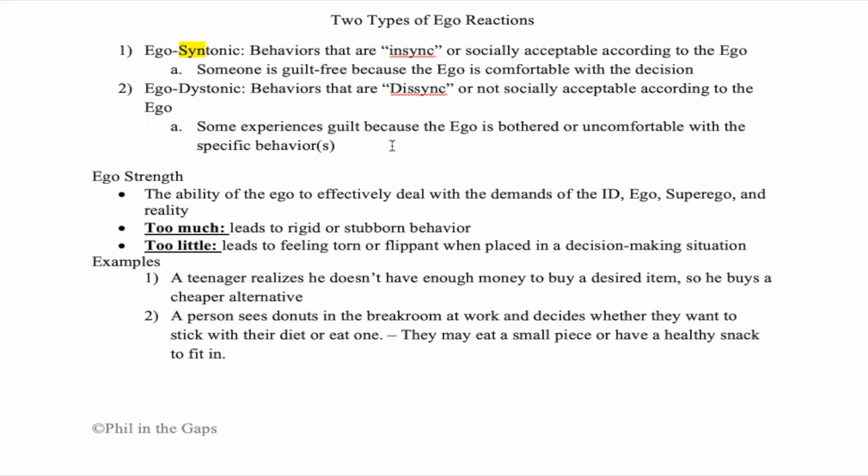If somebody does ego syntonic behaviors, this is where somebody is guilt free because the ego is comfortable with the decision. So, for example, let's go back to the shoe example where you have to make a decision. You have the devil on your shoulder that's like, come on, Phil, it's not that big of a deal. And then you have the superego on the other hand being like, man, you really shouldn't do it.